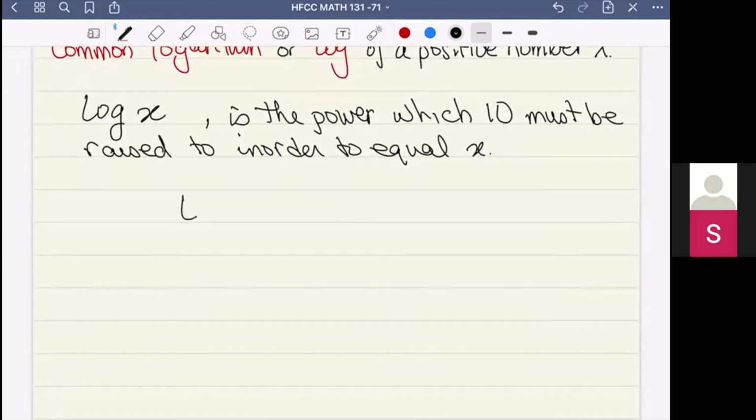So how do we say that? Let's write the formula as log base A of B equals x. This means A to the power what equals B. The power x equals B. Now, in this section, we're going to take A to be 10.